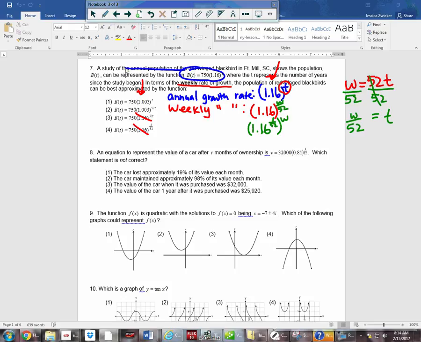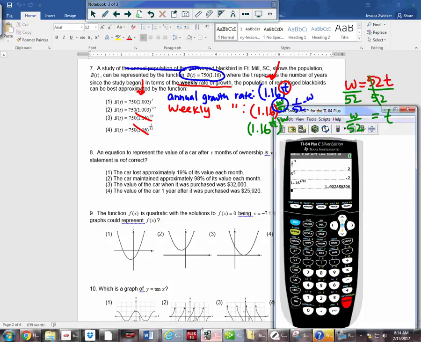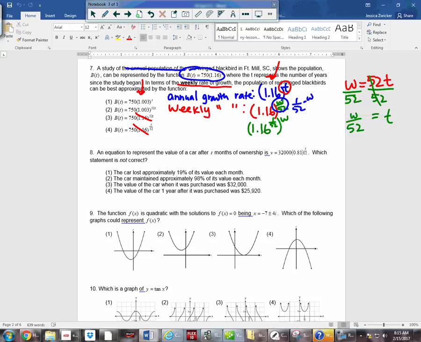Basically, all I did, in case you didn't follow along there, was rewrite this as 1 over 52 times w and bring the 1 over 52 inside. If you put that into your calculator, 1.16 to the 1 over 52, look at the last line of my calculator, is approximately 1.003. So this is 1.003 to the w. But there's another problem. That's not on this multiple choice question either.